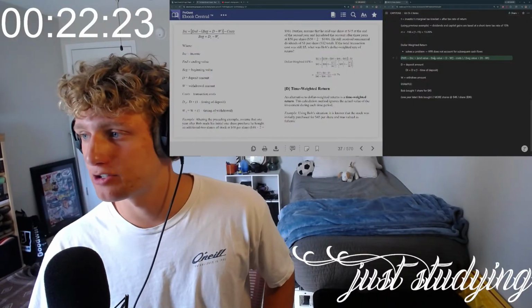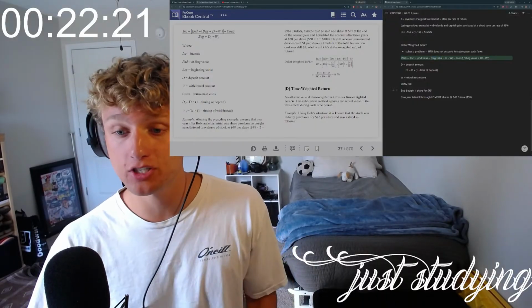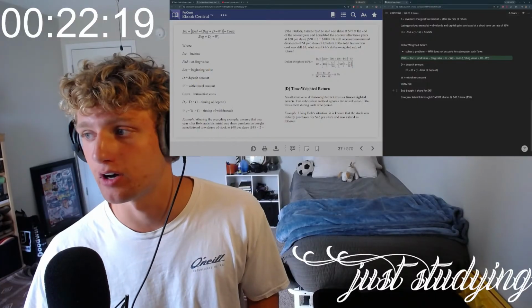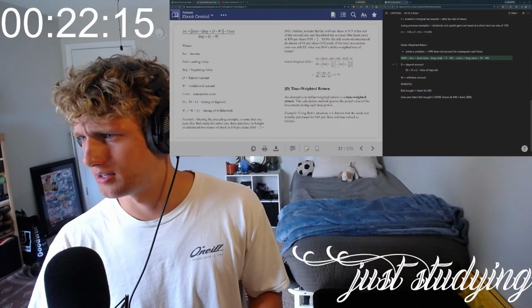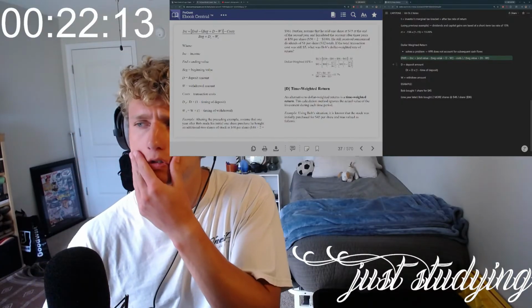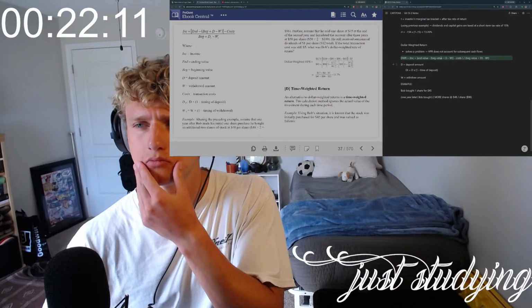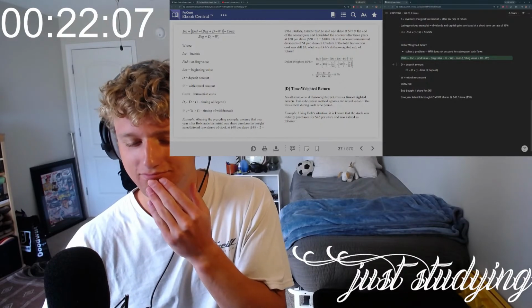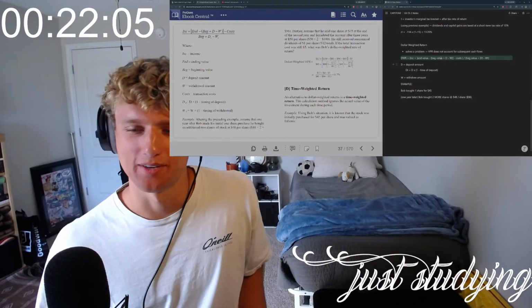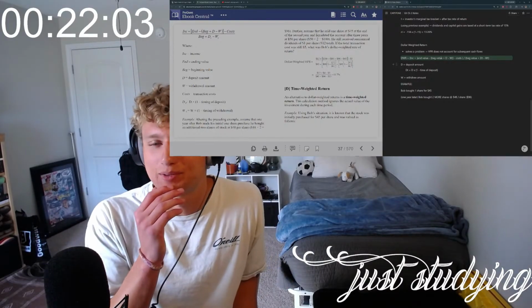So then you subtract the beginning value. At the very start, he bought a share for $45. So that's where that 45 comes from. Plus the deposit amount. Okay. What does that mean? The deposit amount.